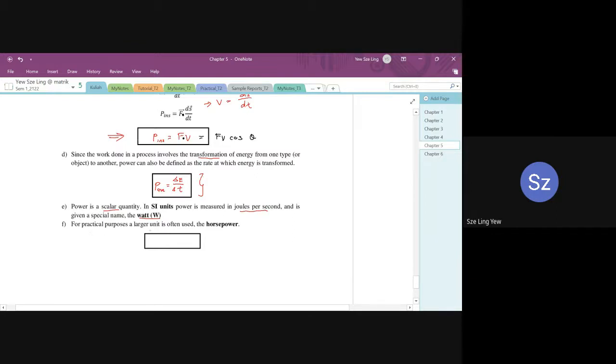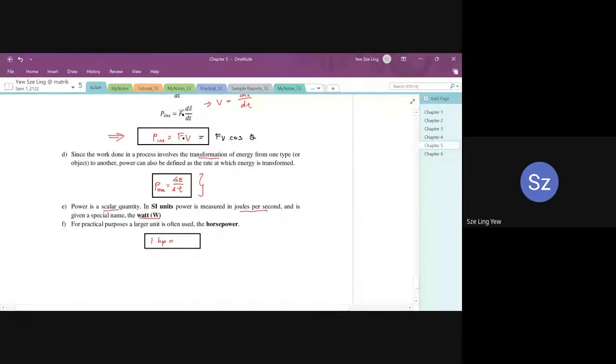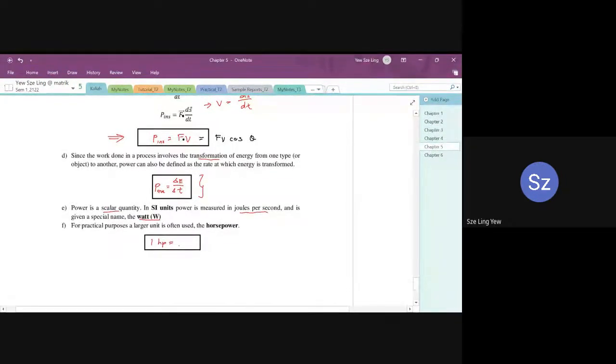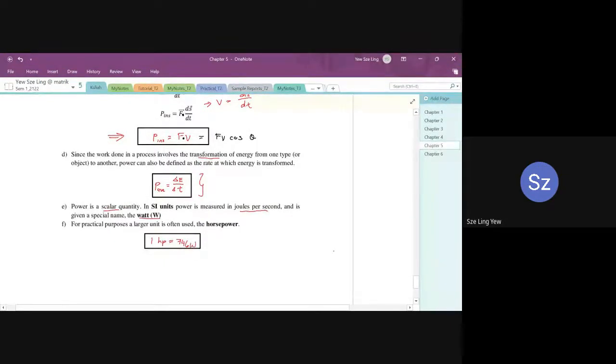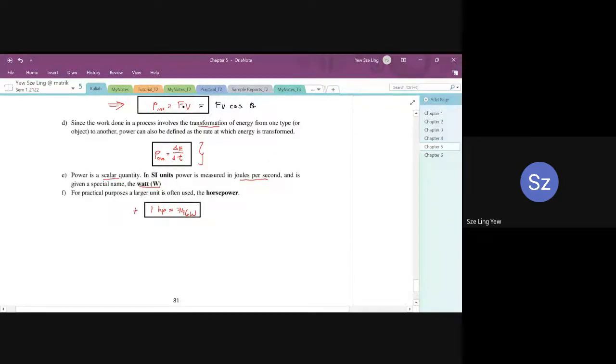For practical purposes, a larger unit is often used, known as horsepower. 1 horsepower is equal to 746 watt. We seldom see this in our syllabus.